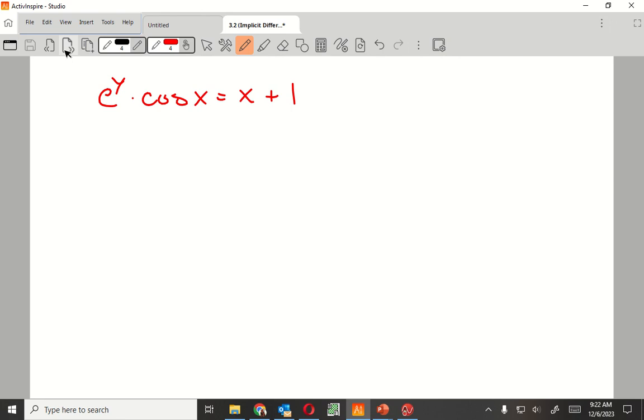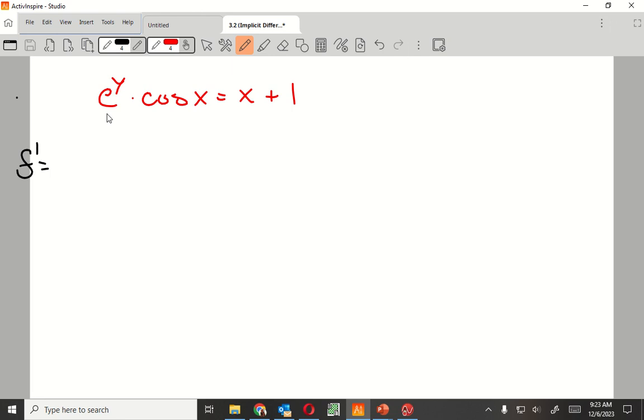So I have a product rule. So my f prime, what's the derivative of e to the x? e to the x. So the derivative of e to the y would be e to the y dy dx, right? But this one, instead of doing dy dx, we're just going to call it y prime.